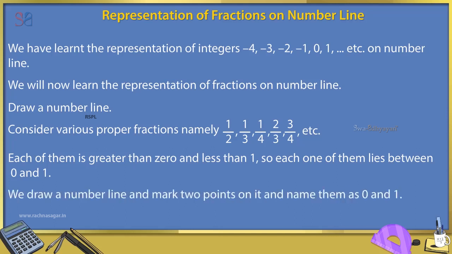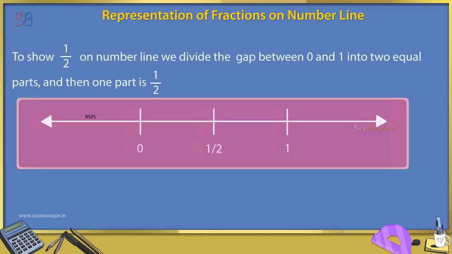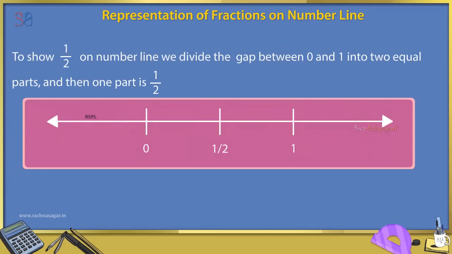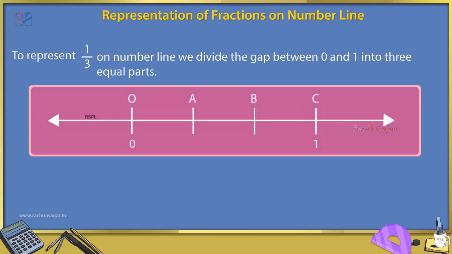We draw a number line and mark 2 points on it and name them as 0 and 1. To show 1 by 2 on number line, we divide the gap between 0 and 1 into 2 equal parts, and then one part is 1 by 2. To represent 1 by 3 on number line, we divide the gap between 0 and 1 into 3 equal parts.